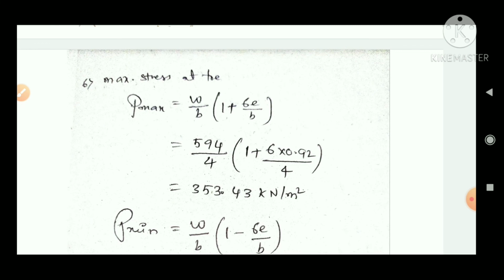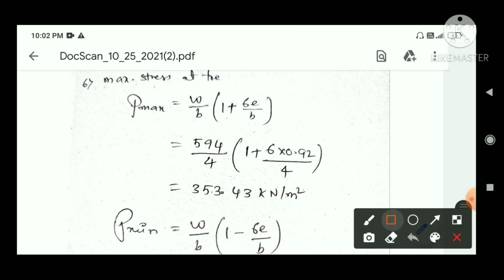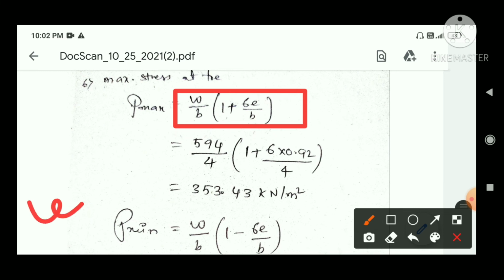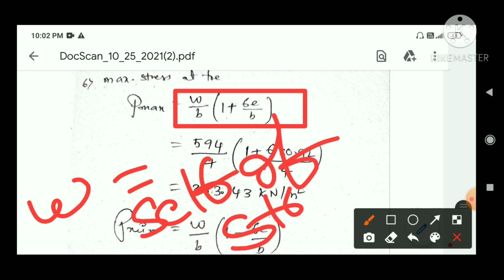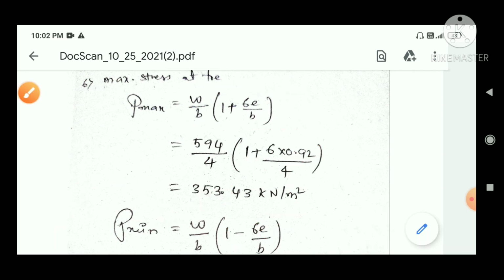So we already have the self weight W. Capital W always indicates the self weight of the structure. We should find capital W by B of (1 plus 6E by B).